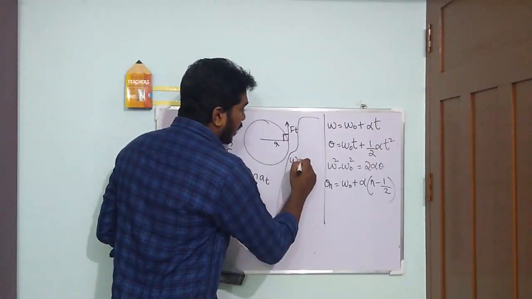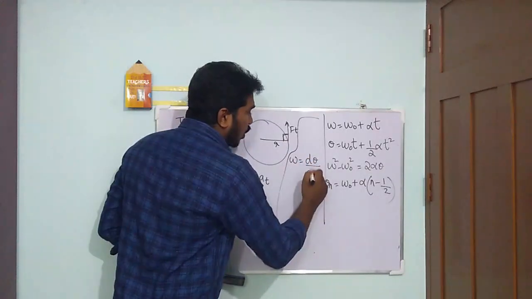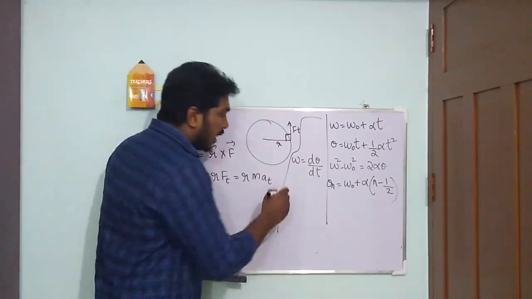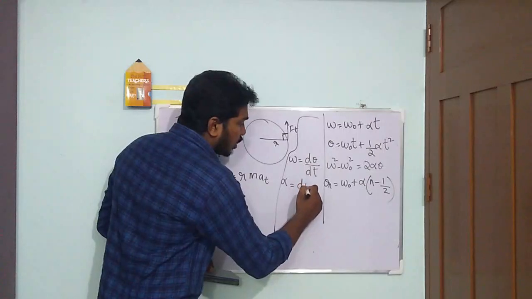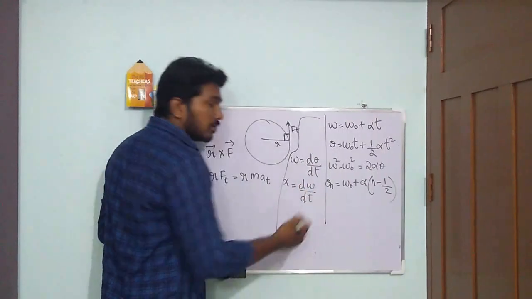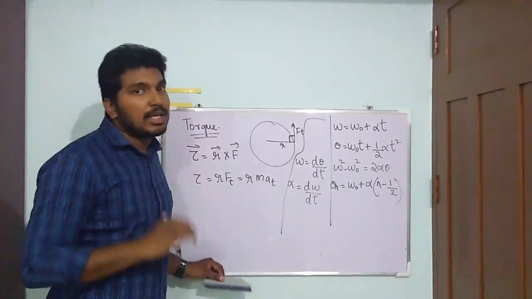Now this omega is the rate of change of angular displacement, and this alpha can be written as the rate of change of angular velocity, similar to what we learned in linear motion.